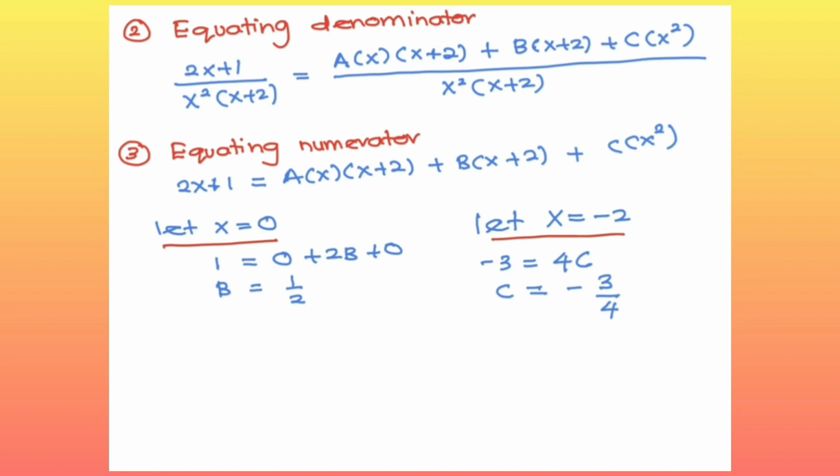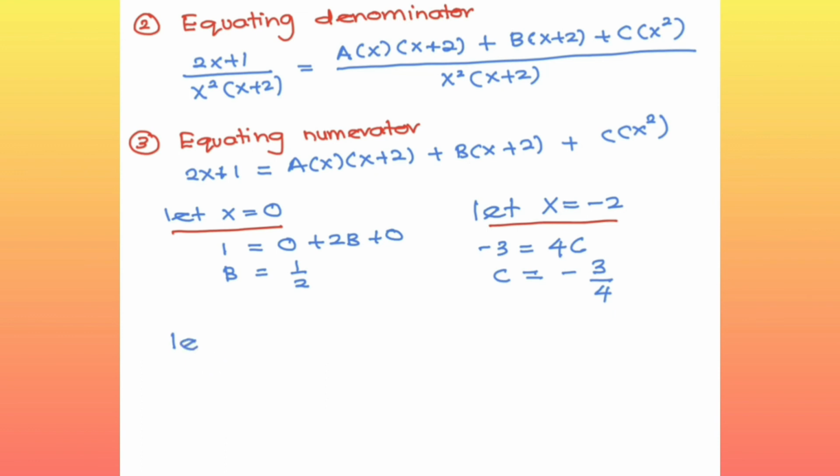Okay, next. We can choose any number to find a, because now we already have the value of b and c. Let's say we take, okay, substitution, let x is equal to 1. Okay, so when x is equal to 1, we have here 2 times 1 plus 1 is 3 is equal to, okay, here we have 1 plus 2 is 3, 3 times a is 3a, plus 1 plus 2 is 3, so 3b, and plus c.